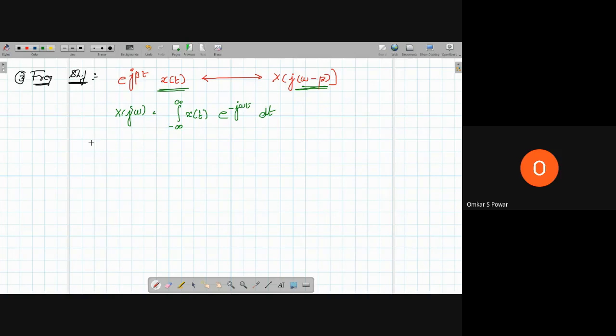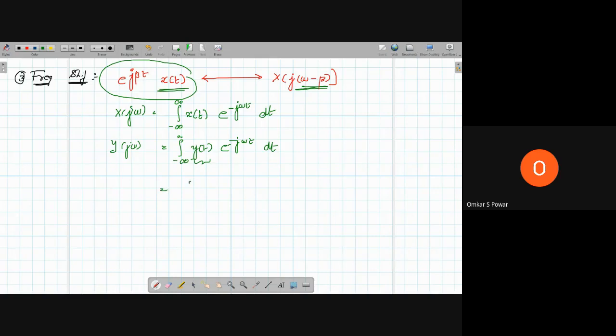So Y of j omega is equal to integral from minus infinity to infinity y of t e power minus j omega t dt. Now what is your y of t? Your y of t is nothing but x of t multiplied by something, and then observe what is going to happen. So let's do that.